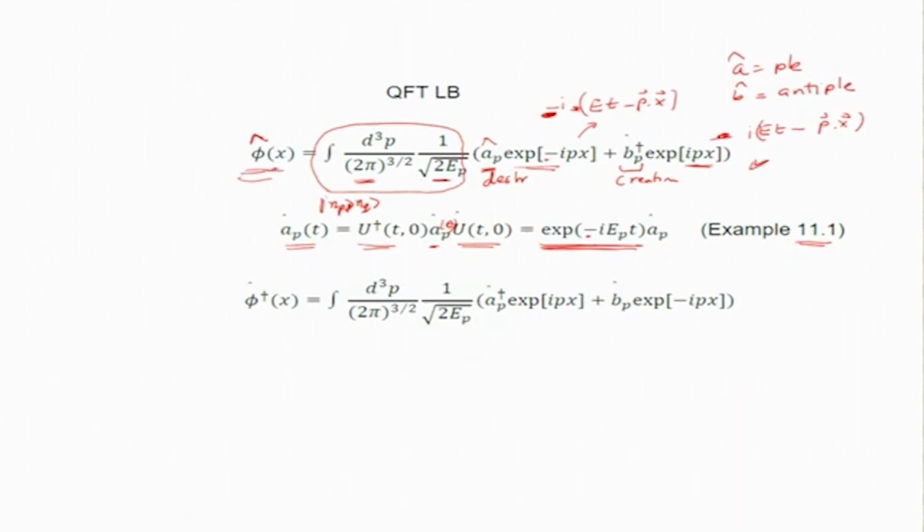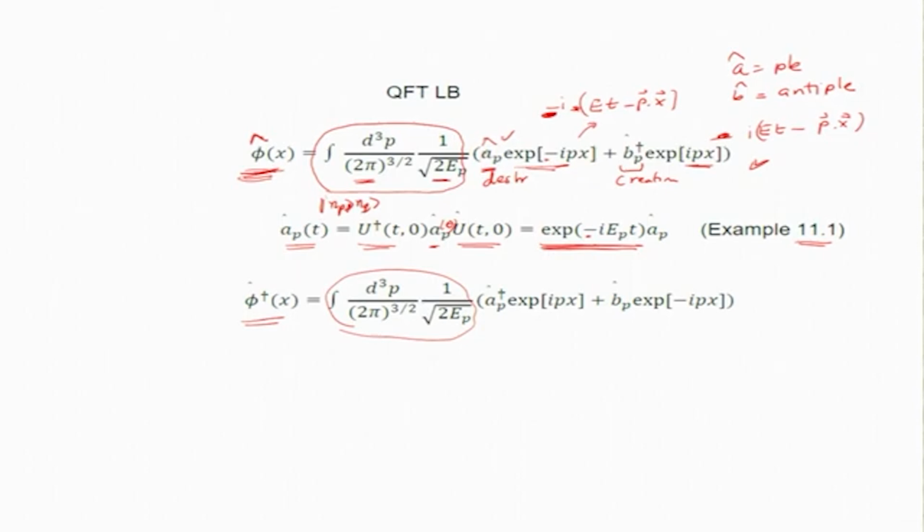Now, this is for the destruction operator phi, and for the creation operator phi dagger, what do I do? The prefactor is a number, do not worry about it, but now I need to do the transpose, the dagger operator, and I need to change the sign of this, complex conjugate and transpose.